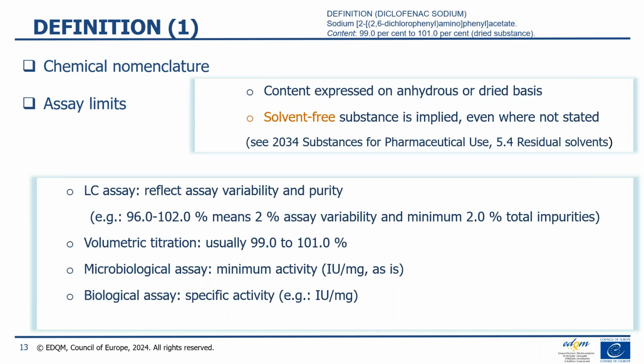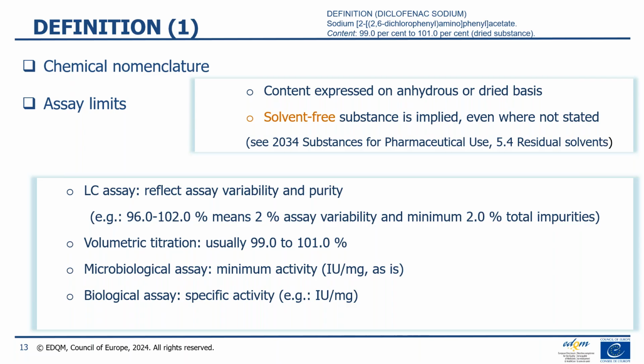The definition section contains the chemical nomenclature and the content limits. The content limits are defined by the analytical procedure described under assay. They are always expressed on anhydrous or dried basis, depending on whether a Karl Fischer test for water or loss on drying is described in the monograph.